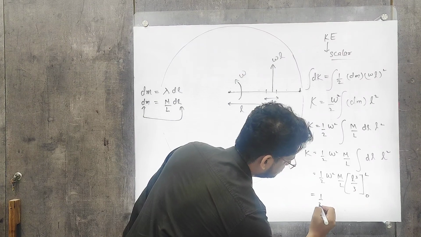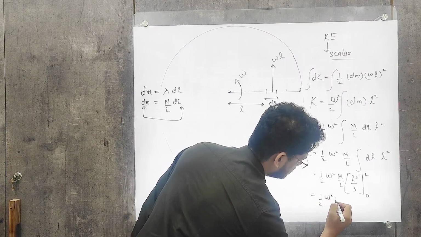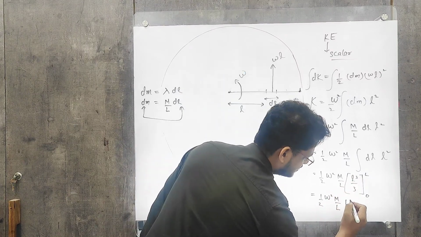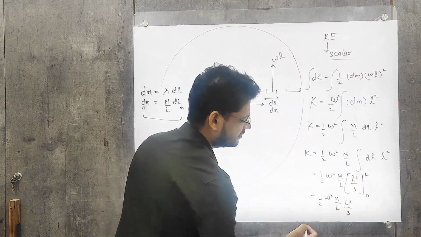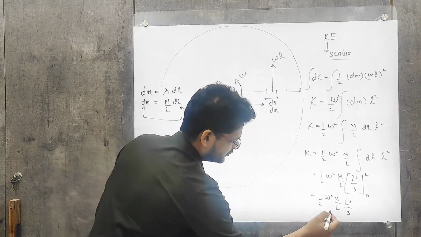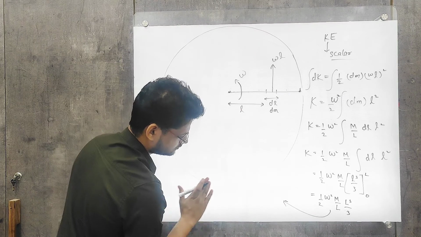What will it become? 1 by 2 omega square m by L, and this will become L cube upon 3. What will be left? L square will be left. Due to lack of space I am writing here.